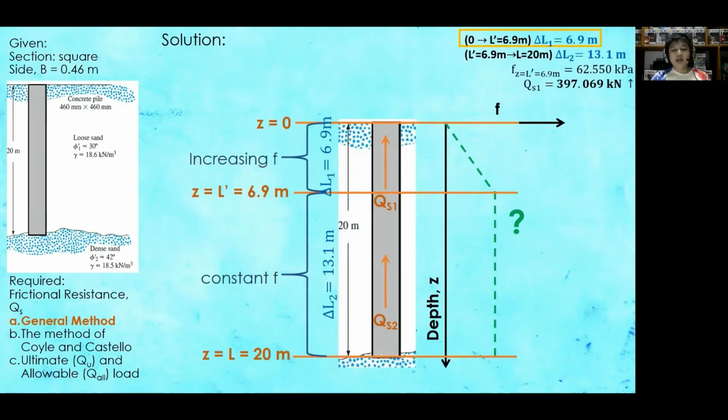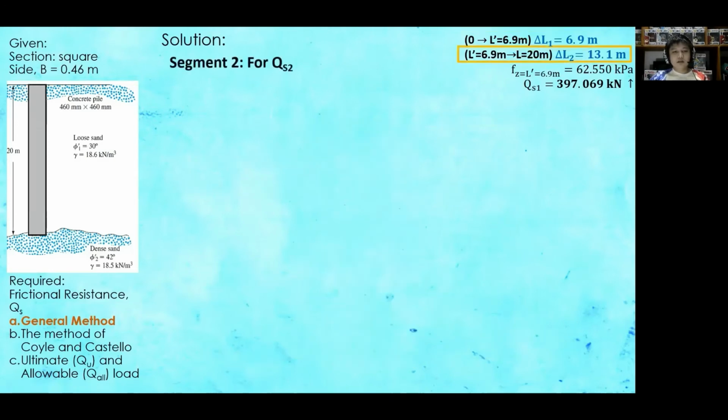So for the updated unit friction, it will increase until the L prime, which is 6.9 meters, to about 62.550 kilopascals. And it will be constant until the tip of the pile. So for segment number 2, at constant F segment, that is at Z equal to L prime of 6.9 meters to L, the tip of the pile, of 20 meters.